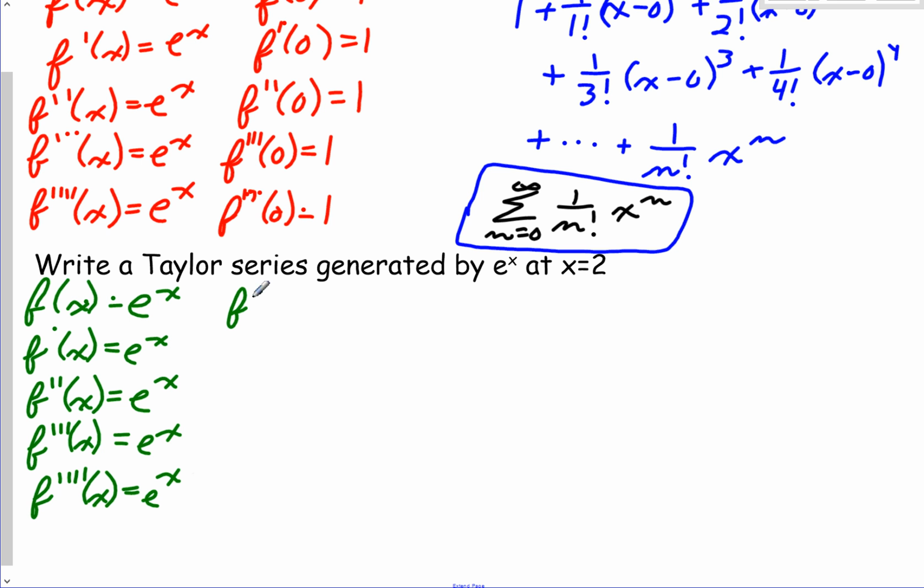And then I'm going to need to know the values at the center, which in this case is 2 and not 0, for all of these.